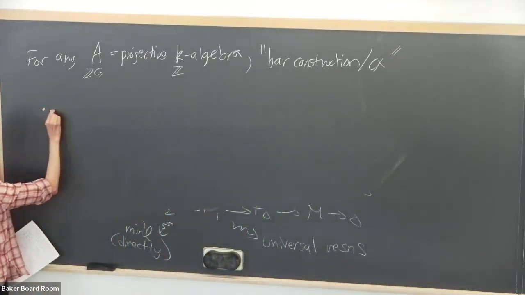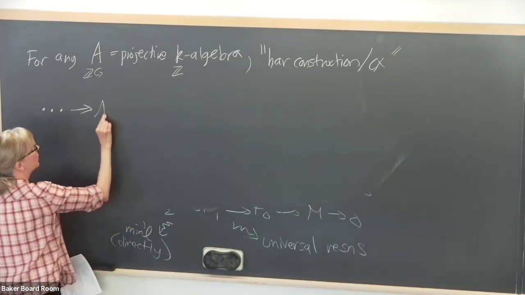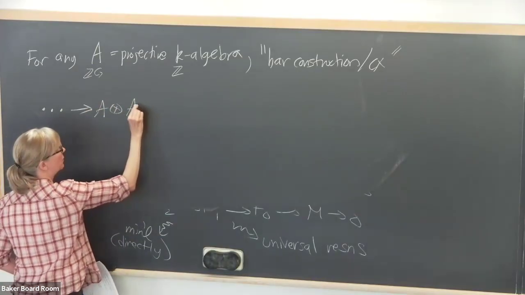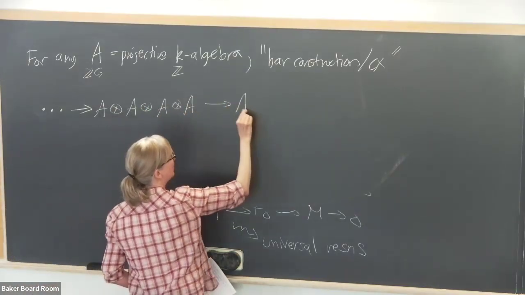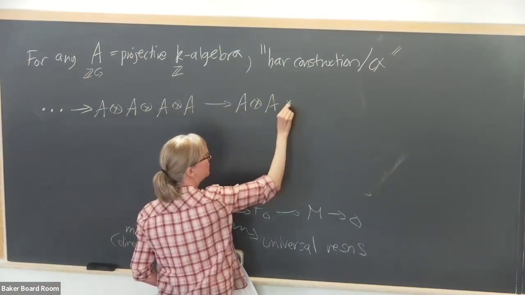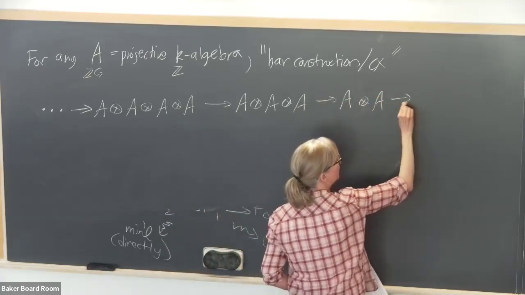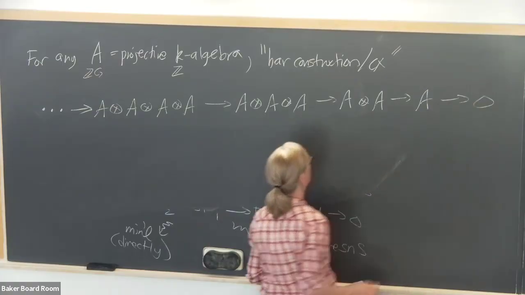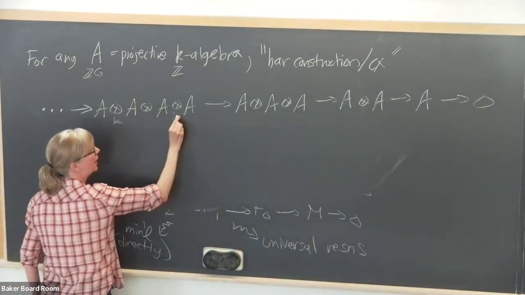So this time I'm going to put a lot of tensor factors. Let me put 4 tensor factors of A down, then 3 tensor factors of A, then 2 tensor factors of A, and then 1. And all the tensors here are over this base ring K.